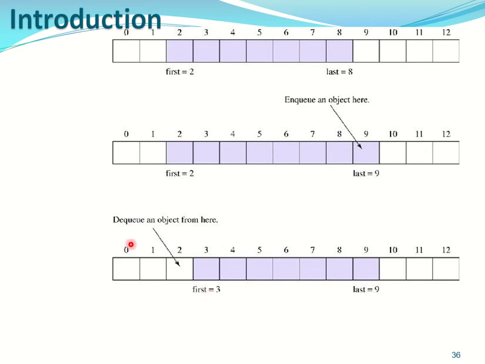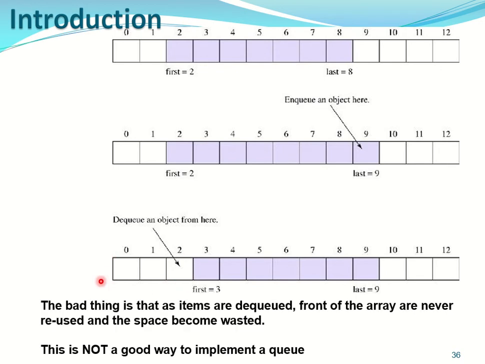So you can see that there's a space in front of the queue that is not used. The bad thing is that as items are dequeued, the front of the array is never reused and the space becomes wasted, because every time you enqueue at the back, the array becomes bigger. This is not a good way to implement a queue.